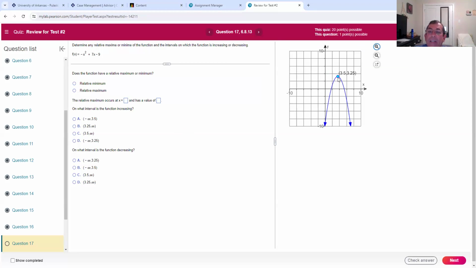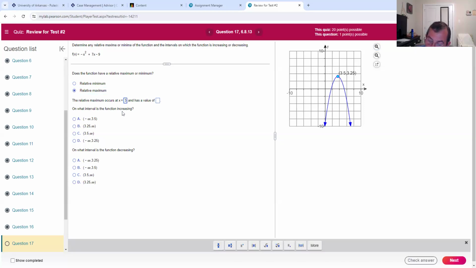Well, that's a maximum because it's a mountaintop. So we would click maximum. It occurs at what x value? Well, the x value was 3.5. They gave me the actual point, 3.5, and the maximum value would be the 3.25. So the x equals gets the x value, and then the value is the y value.